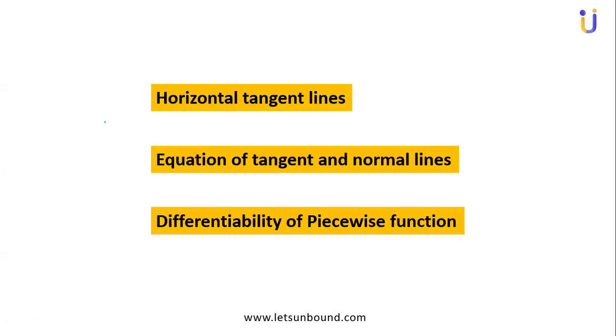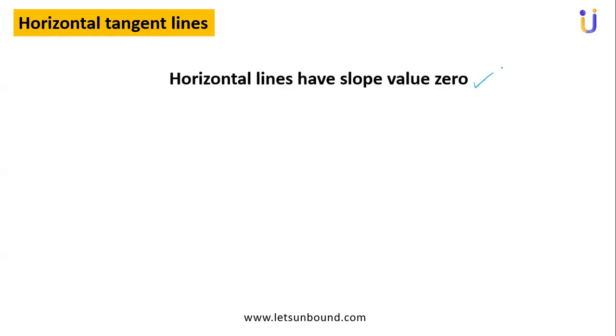And here we need to reiterate three things: horizontal tangent lines, equation of tangent and normal lines, and differentiability of piecewise functions. Let's go one by one. What are horizontal tangent lines? Okay, I will draw a tangent at a point, and if I get a horizontal line, it means the slope is 0. So horizontal lines have slope value 0.